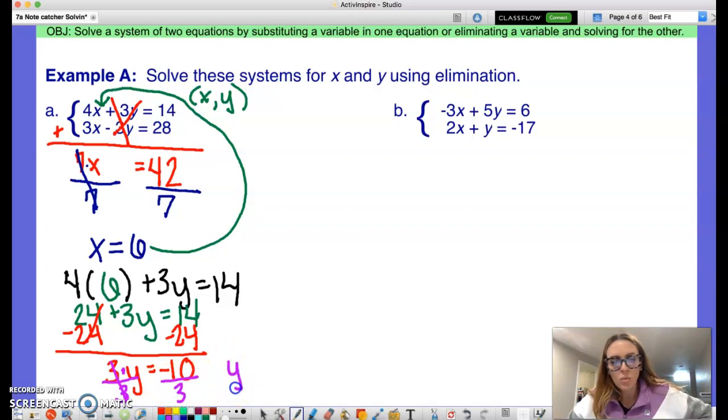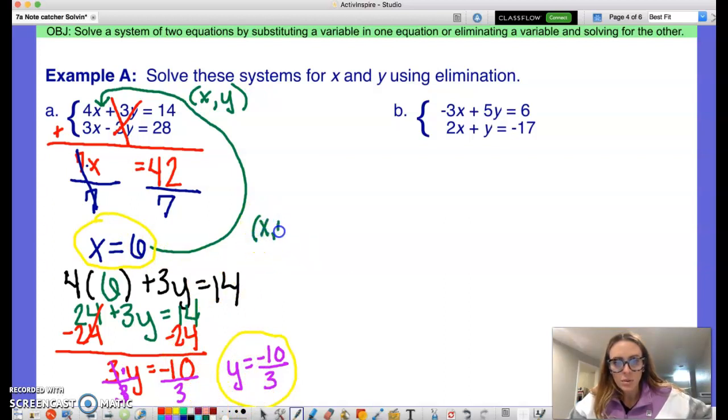So now I know y equals negative 10 thirds, which you can put in your calculator and get a decimal if you want to, or a mixed number, but I'm just going to leave it like this. So the two pieces of information that are good to me are my x and my y. So here we have x, comma y, and that is our 6, comma negative 10 thirds.